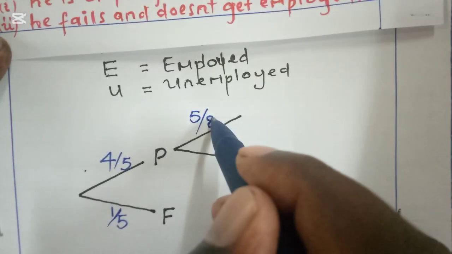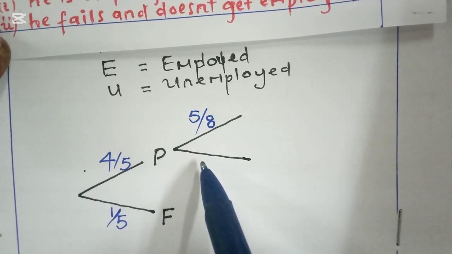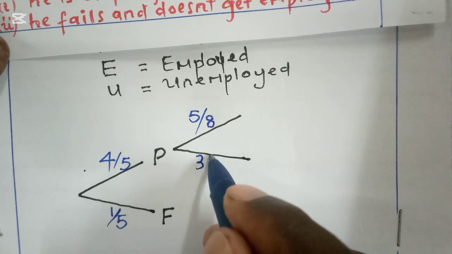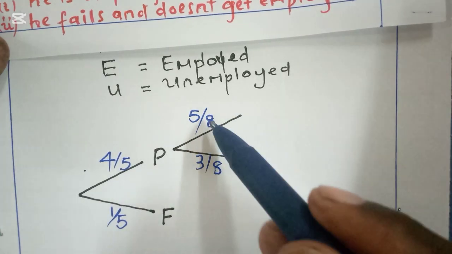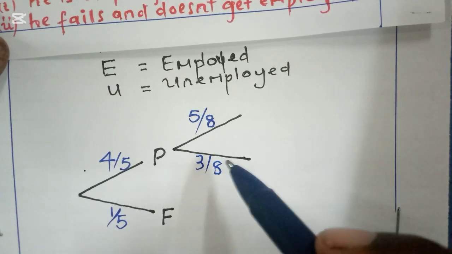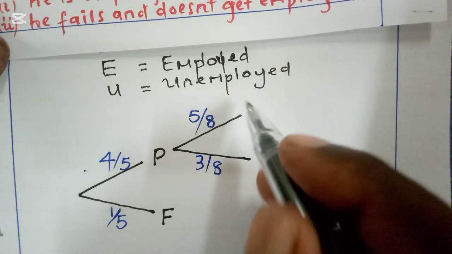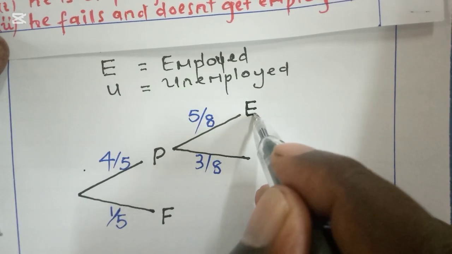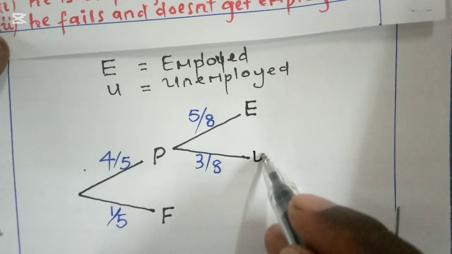So the probability that he doesn't get employed should now be 3 over 8, so that the probability totals to 1. If you add that and that, it should total to 1. This is the probability of getting employed, so I'll put E there. The probability of not getting employed, that is unemployed, I can represent with U.